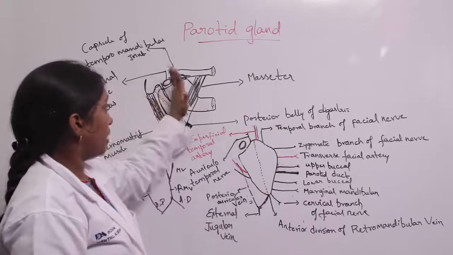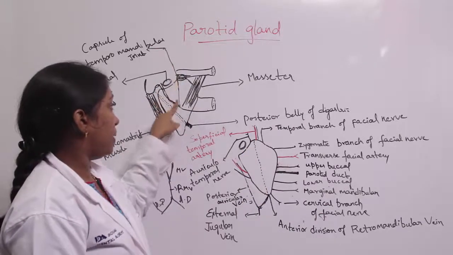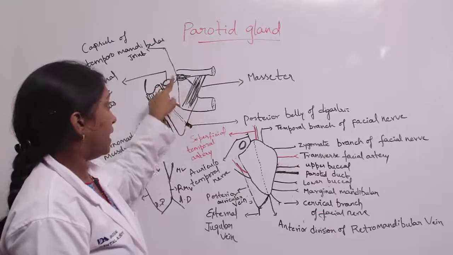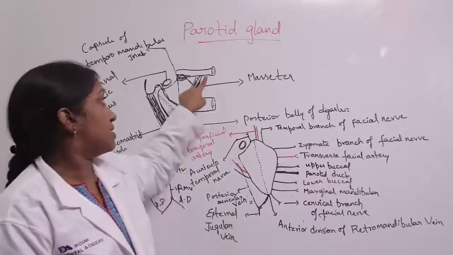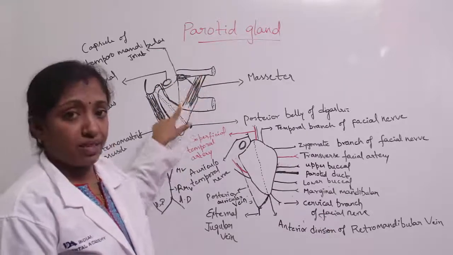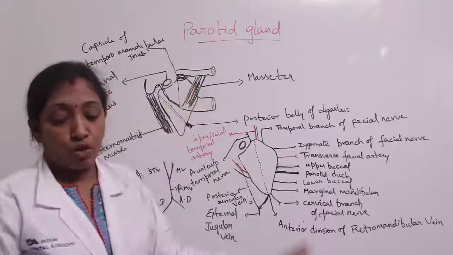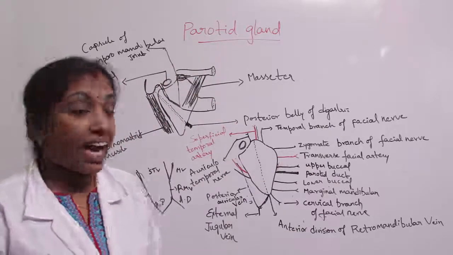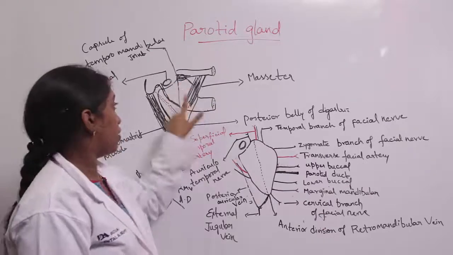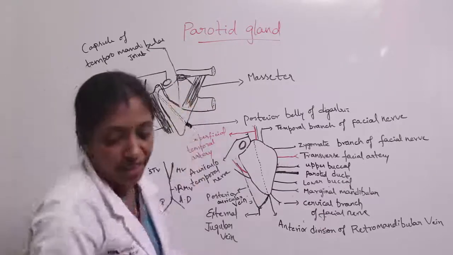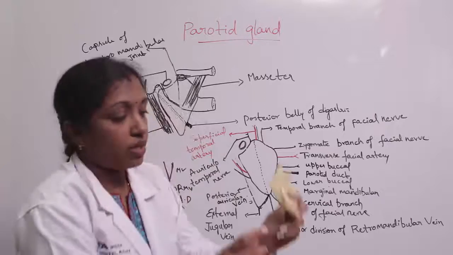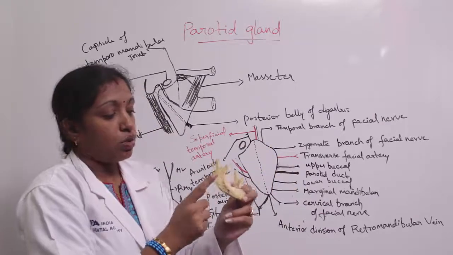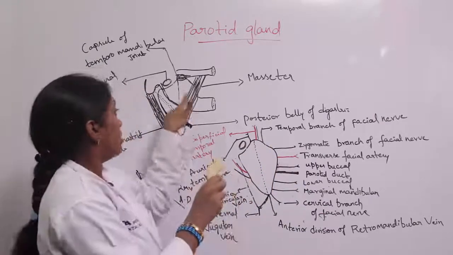Coming to the anteromedial surface, it is related to the masseter muscle. The masseter is one of the important muscles of mastication, and it arises from the zygomatic arch and is inserted into the ramus of the mandible. So this is the ramus of the mandible, and the masseter muscle is inserted here.